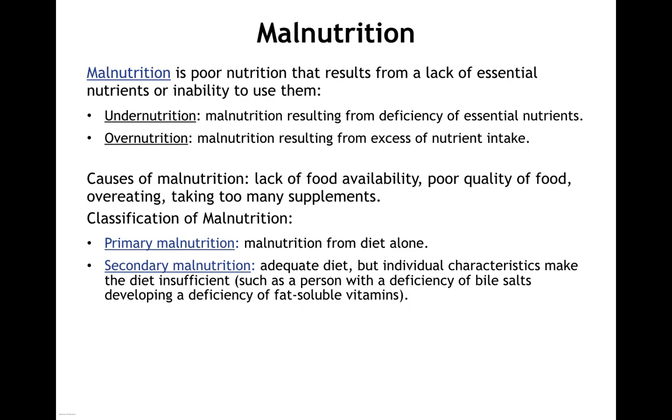Malnutrition is poor nutrition that results from a lack of essential nutrients. It could be undernutrition or overnutrition. The causes of malnutrition are typically lack of food availability or lack of good quality food. Sometimes taking too many supplements can lead to malnutrition. So we can have a primary malnutrition, that is from the diet alone, or secondary, in which something makes the individual not absorb the food correctly.